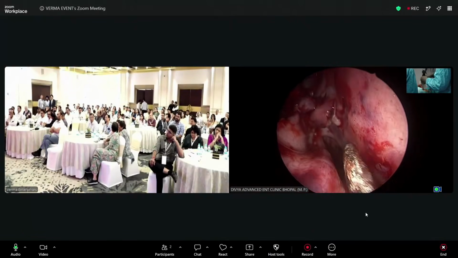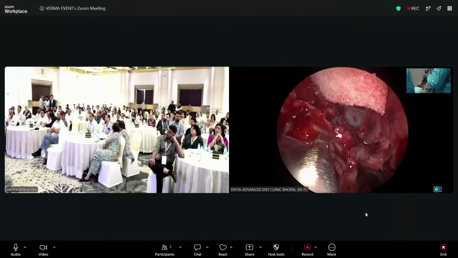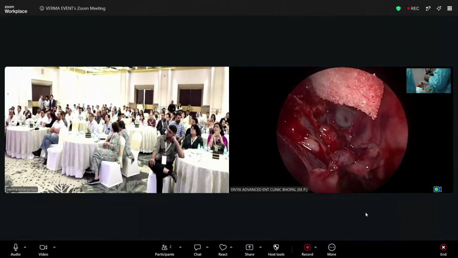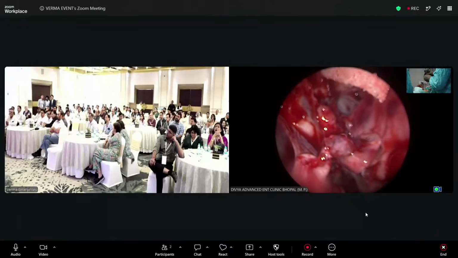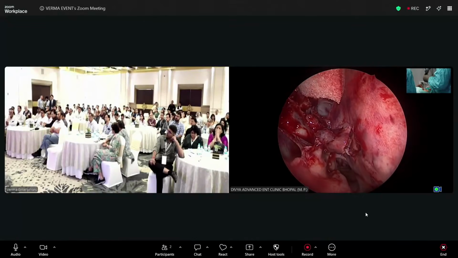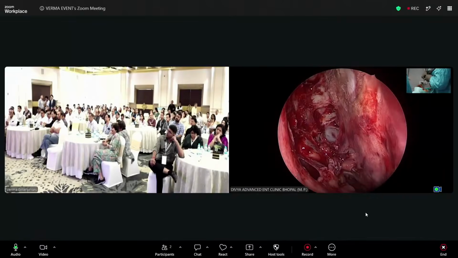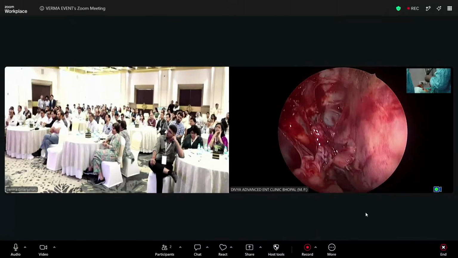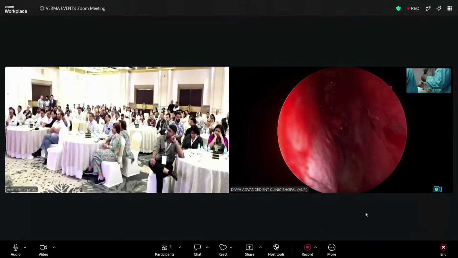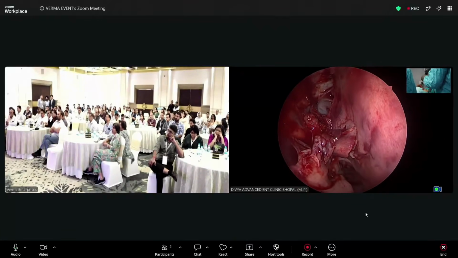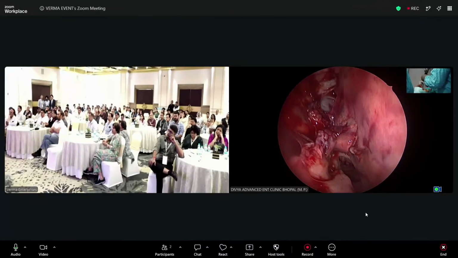See the nasal cavity. All sinuses you can see. And you can see your area of interest above. See that? Now, yes, sir. What I will ensure is that I will raise a vascularized flap to line this area.